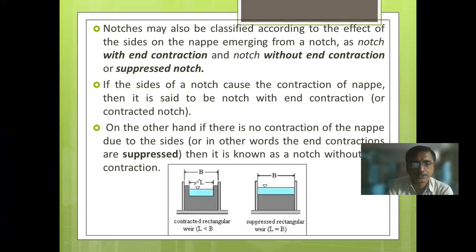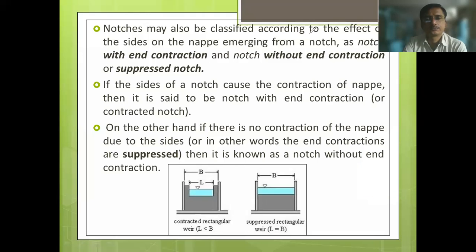This is the end contraction here. Contracted weir or rectangular notch here. Suppressed or without end contraction, here there is no contraction. So this is the classification of notch and weir. This is in both, it applies to notch and also to weir.